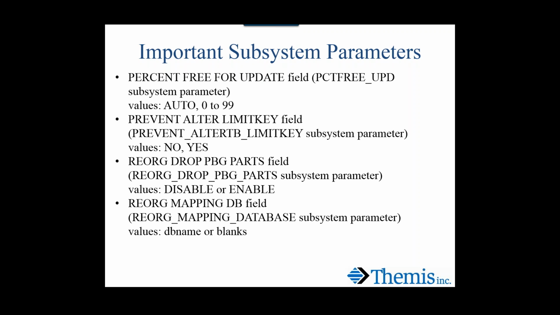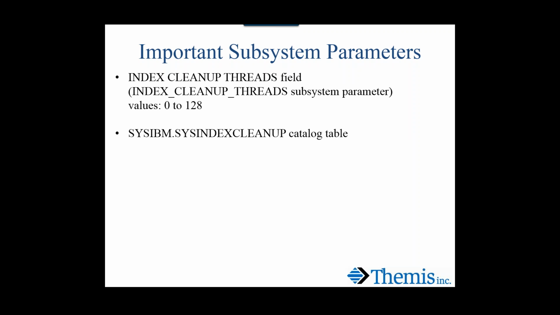Historically, the 2 empty ones have just stayed there. I can now set reorg drop PBG parts to enable, and that says, go ahead and prune off all the partitions that don't have anything in them after one of those reorgs. The cost of that is I can't recover back to a point in time before that reorg because those parts are not there anymore. Okay. So that's an interesting one that you might want to talk about as well.